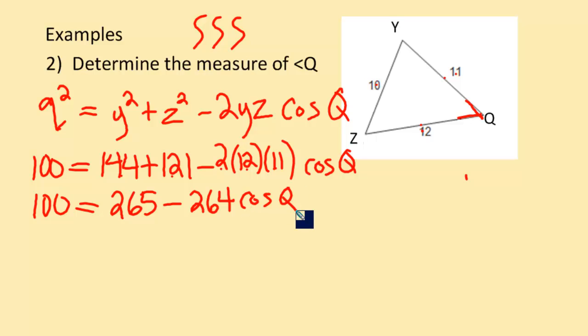And here is where people make mistakes very often. Because they will make their next step, and maybe you're looking at it right now, thinking, ooh, I can take 265 minus 264. Not so fast. You can't. The 265 doesn't have anything attached to it. The 264 does. It's a term that has cosine Q attached to it.